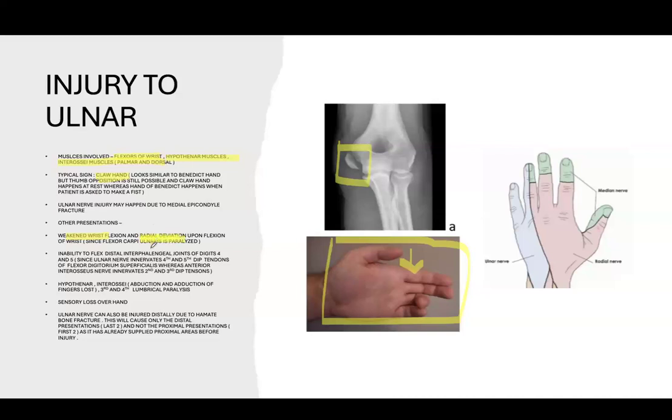The radialis is intact, it's unopposed, so it's going to pull the wrist towards the radial side. You're going to have an inability to flex the distal interphalangeal joints because of the ulnar nerve, but only for digits 4 and 5, which is this, right? These will be unable to flex. Only the digits, by the way.